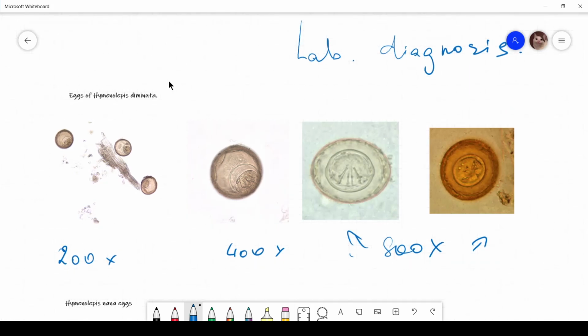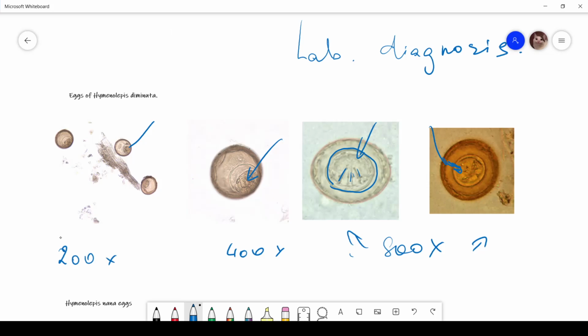Eggs of Hymenolepis diminuta, all of them contain oncospheres, and here you can see this oncosphere, and this is a cluster of oncospheres inside Hymenolepis diminuta's eggs.